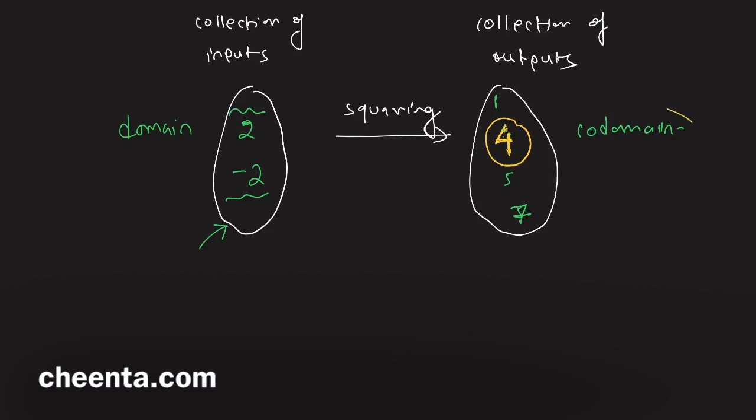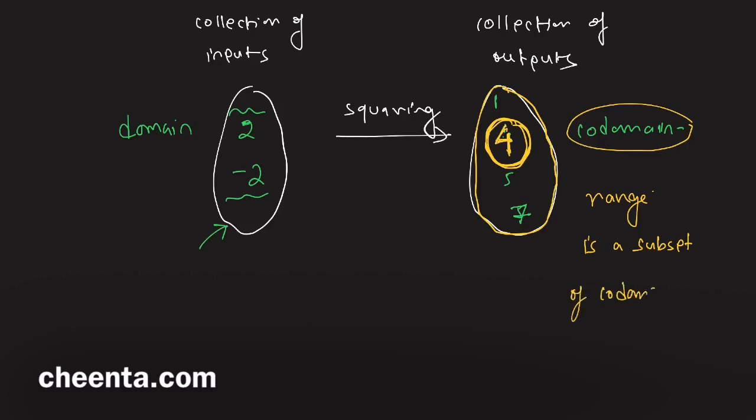So I can choose codomain to be any collection of values, and range is usually a subset of codomain. Range is a subset of codomain. So range is the collection of actual outputs in some sense.